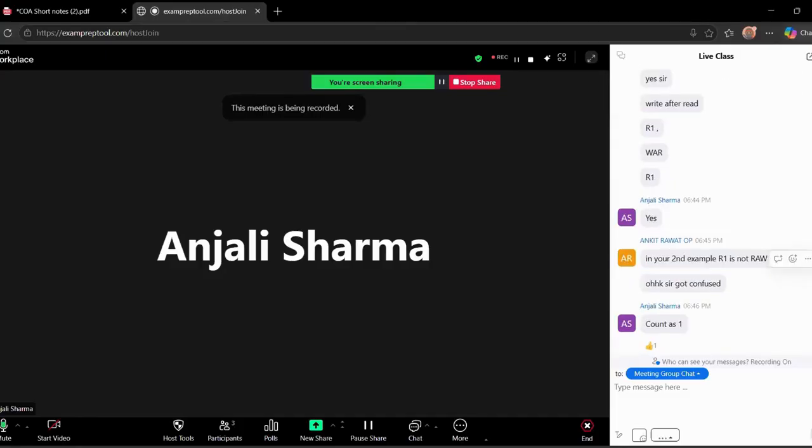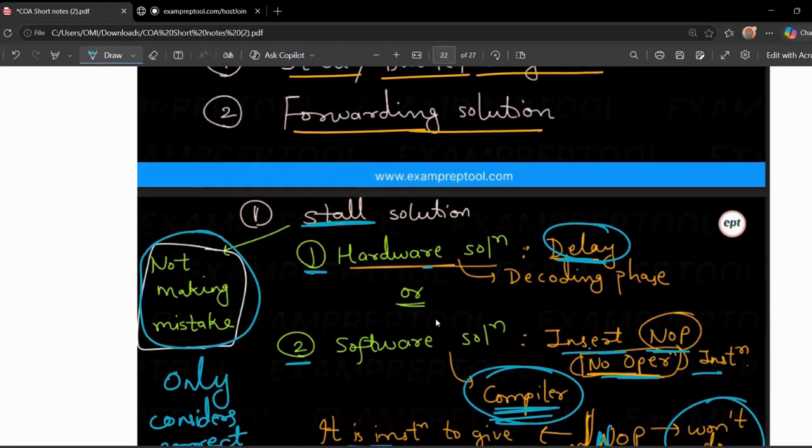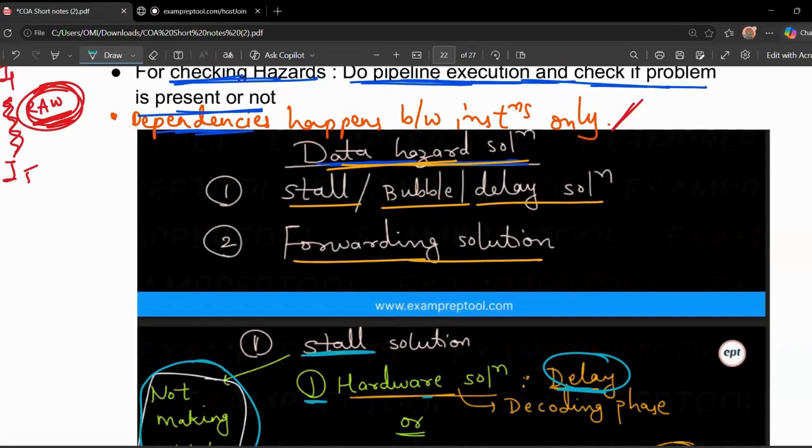When you run GCC on some code, let's say example.c, at compile time your compiler will add no-operation instructions if it finds there are stalls. So the first solution is the delay or stall solution.